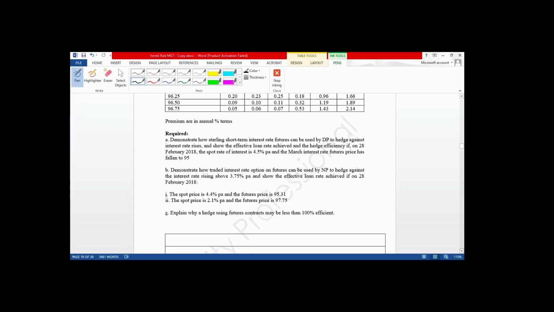Let us start with A. Please listen attentively and try to follow. It is not difficult. One thing with this hedging is that it has consistency. Once you can master the consistency, you are fine. What are the steps? I want to hedge with interest rate futures.